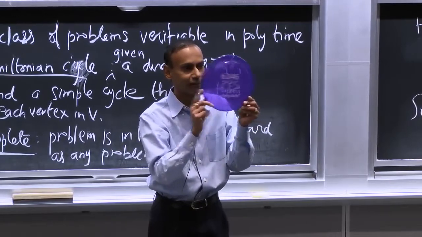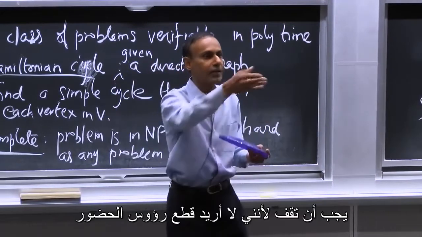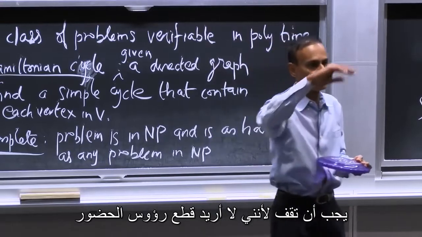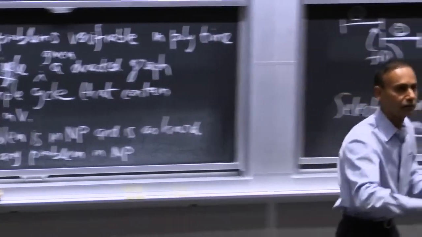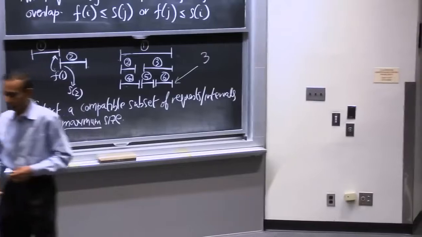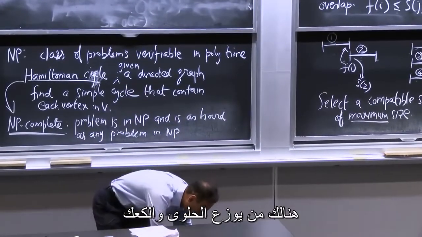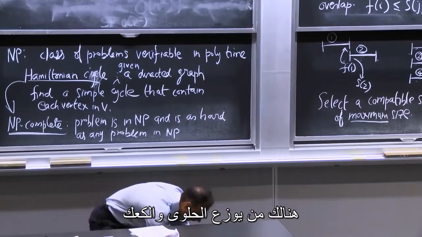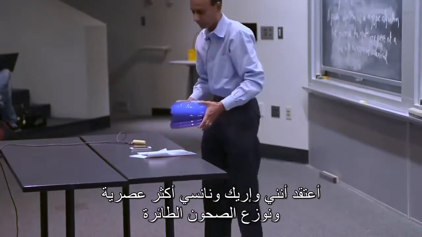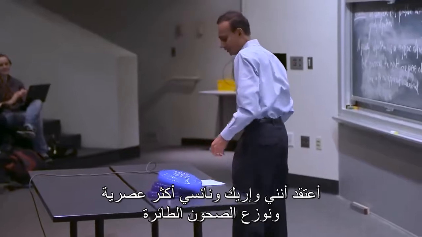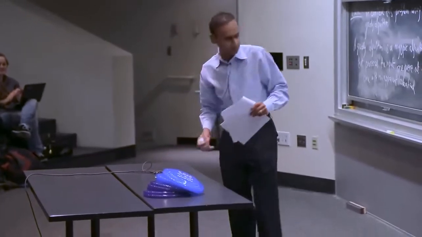Okay? All right. You need to stand up because I don't want to take people's heads off. Yeah, sorry. Right? So, here you go. All right. Good. So people do cookies and candy. I think Eric, Nancy, and I are cooler. So we do Frisbees.